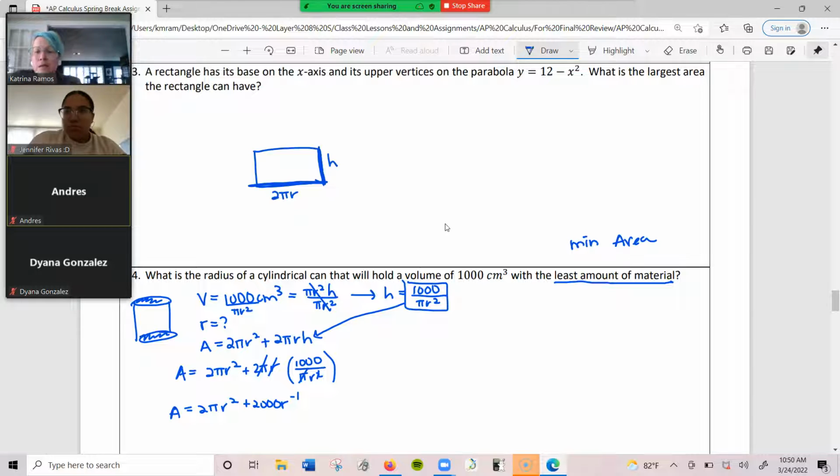Okay. Now we're ready to take the derivative. So all of that was just to prepare our equation so we can actually get the derivative. So A prime is going to equal 4 pi r minus 2000 r to the negative 2.